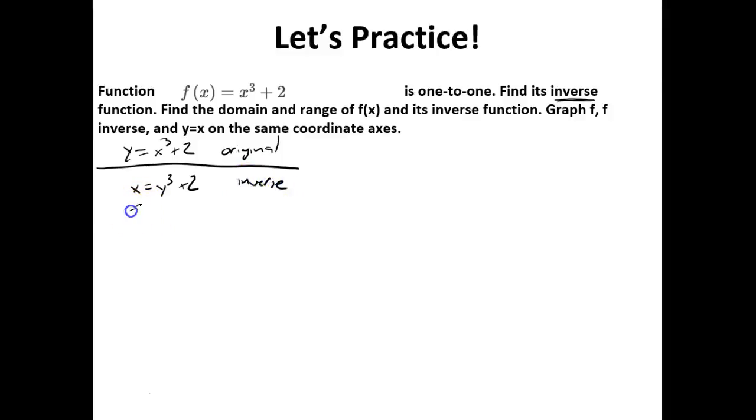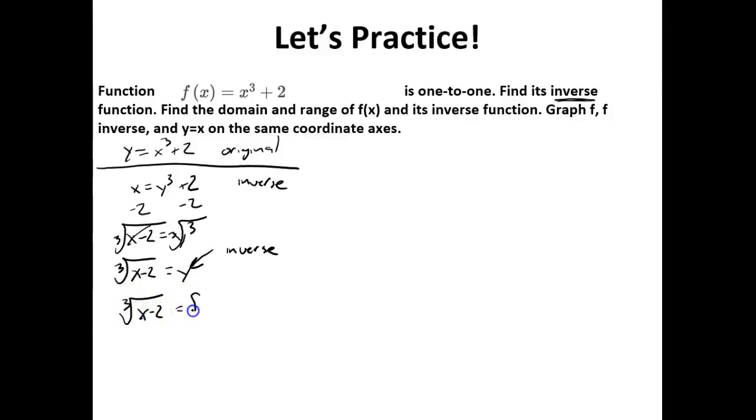So we subtract 2 from both sides, get x minus 2 equals y to the third, and then take the cube root. So we have the cube root of x minus 2 is equal to y. But again, this y is really our inverse. So this cube root of x minus 2 is the inverse function right there.